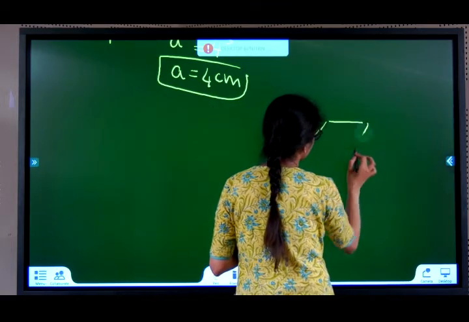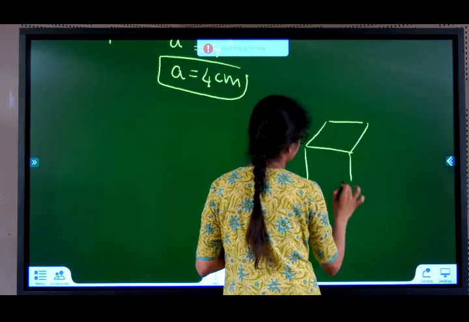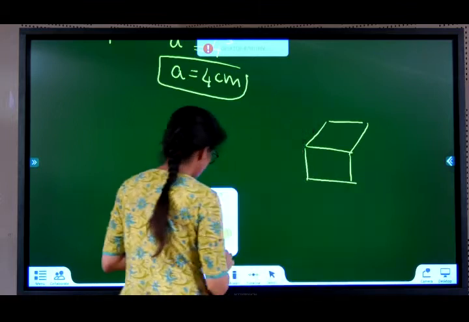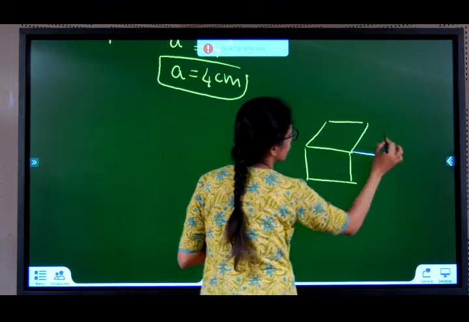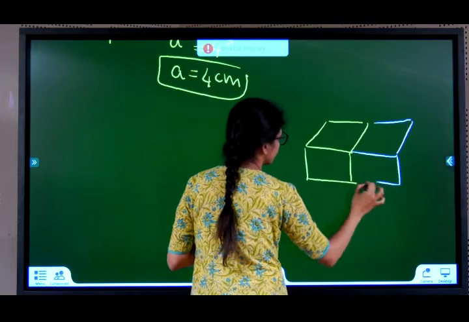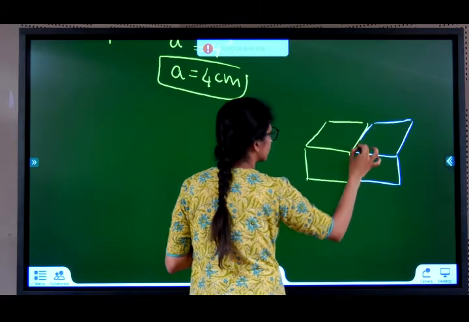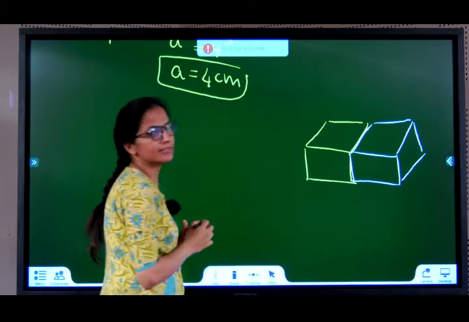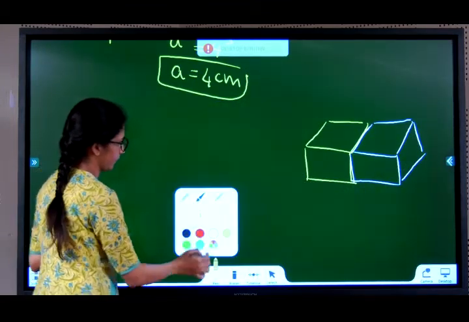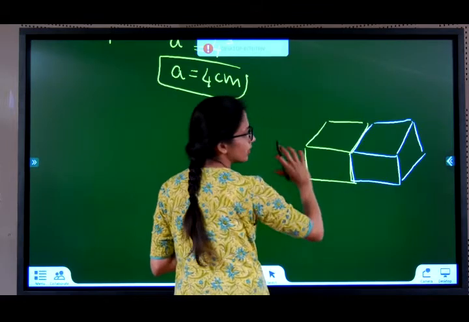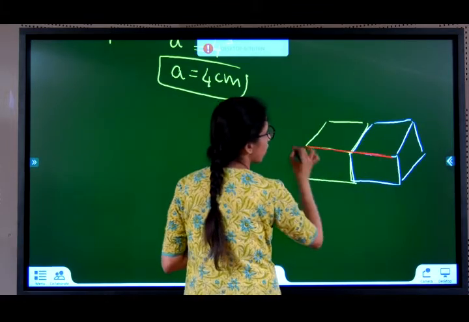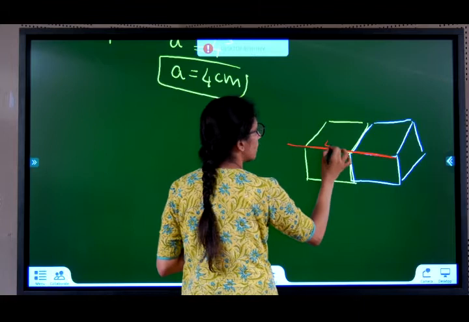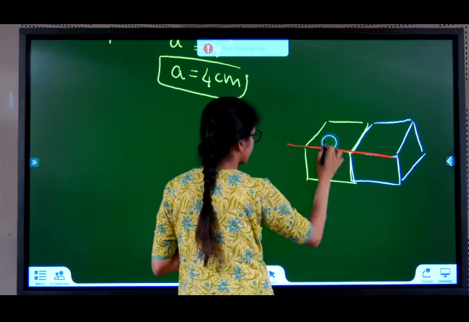So I have one cube here. With this, I am joining one more cube. Find the resulting surface area. This is a cuboid now. This whole length is 4 plus 4, 8.